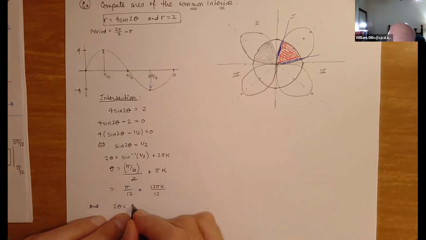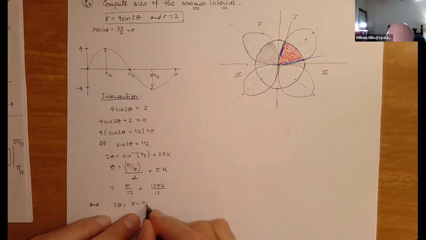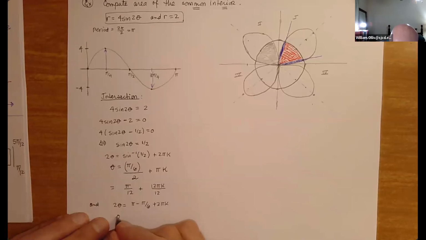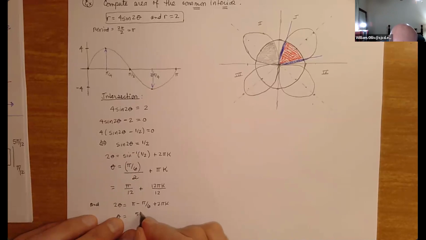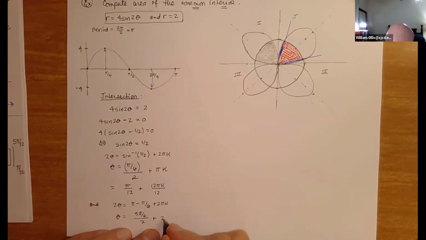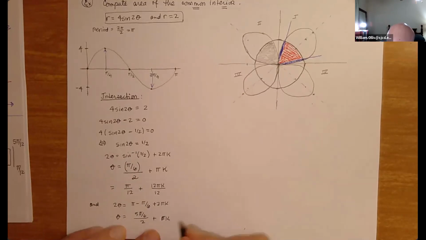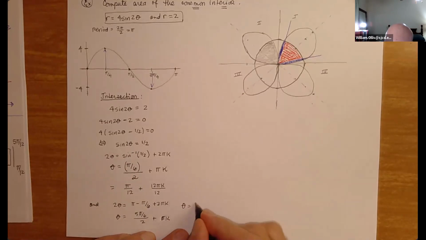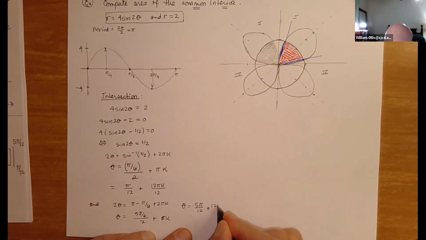So this will be pi minus pi over 6, right up here, plus 2 pi k. So we have theta equals 5 pi over 6 divided by 2 plus, well, now get rid of the 2. So this gives us theta equals 5 pi over 12 plus 12 pi over 12 times k.